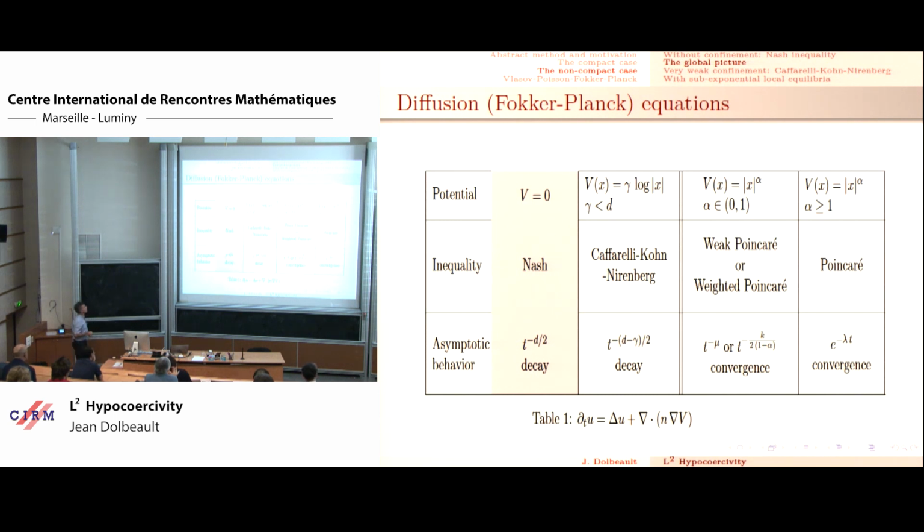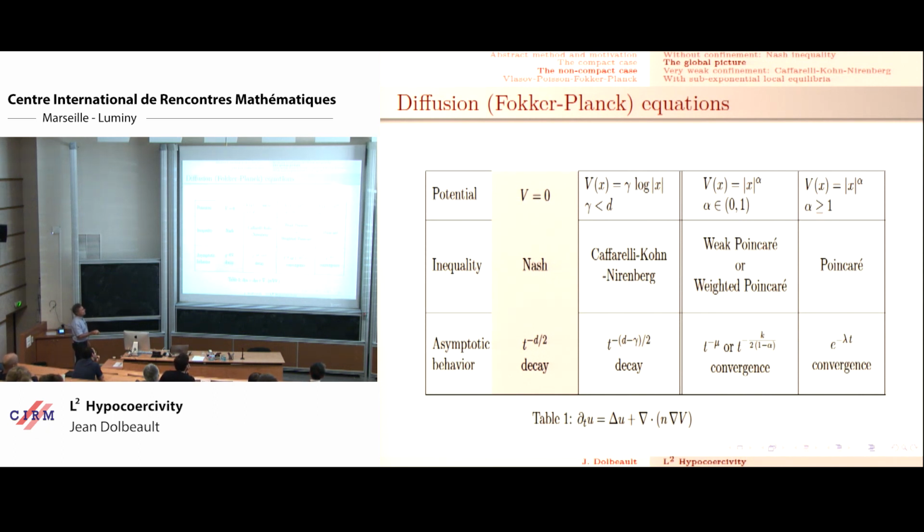There is also the case of the weak Poincare or weighted Poincare inequality, which typically corresponds to the case where you don't have the Poincare inequality. You have a growth of the potential which is not enough, but still you have weaker forms. And I would like to mention this case. The weak Poincare inequality will give you a decay rate which can be taken arbitrarily large.